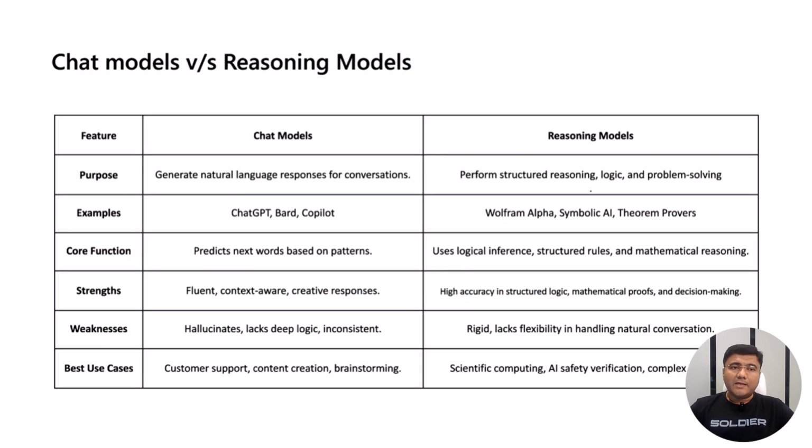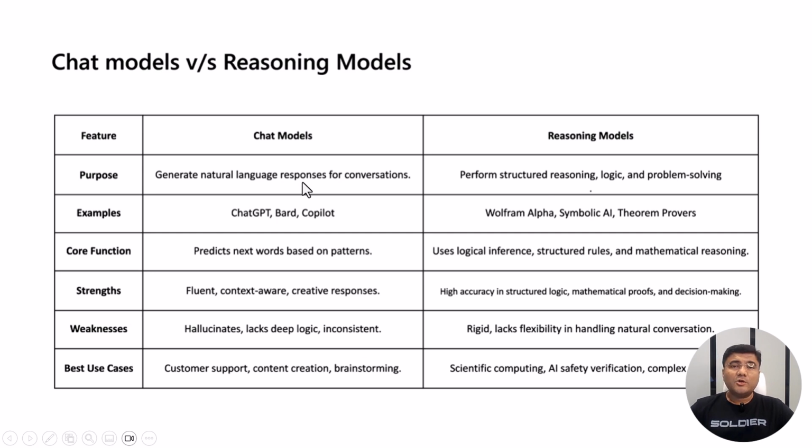Keeping all this in mind, I want to add one more thing, which is the different types of models which are available. I'm sure you've heard about something called DeepSeek R1. DeepSeek R1 is a reasoning model. As of now, we have two different types of models available in the market: chat models and reasoning models.